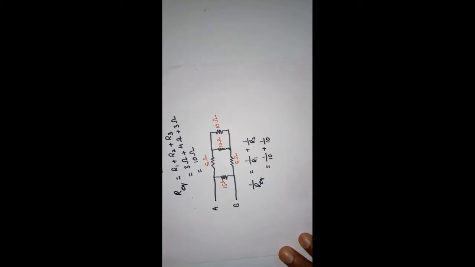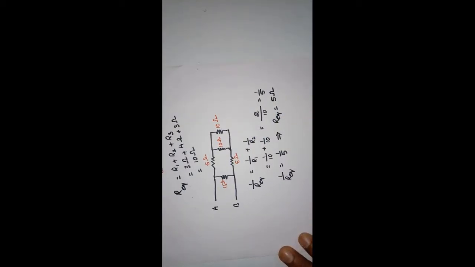Calculating the total, we get 2 by 10, that is 1 by 5. Taking the reciprocal, R equivalent becomes 5 ohms.